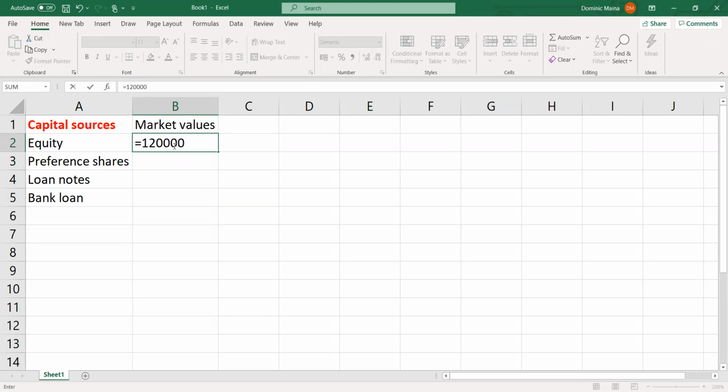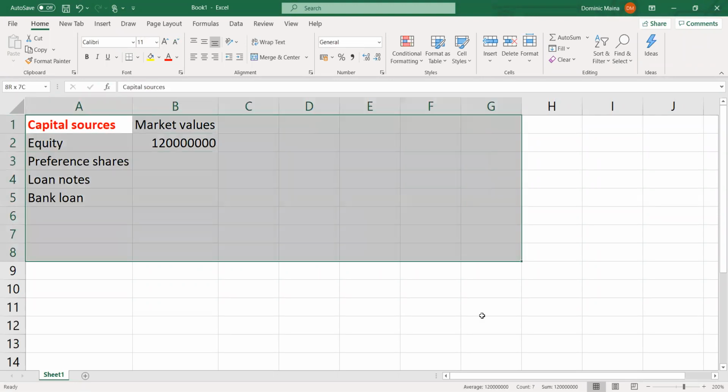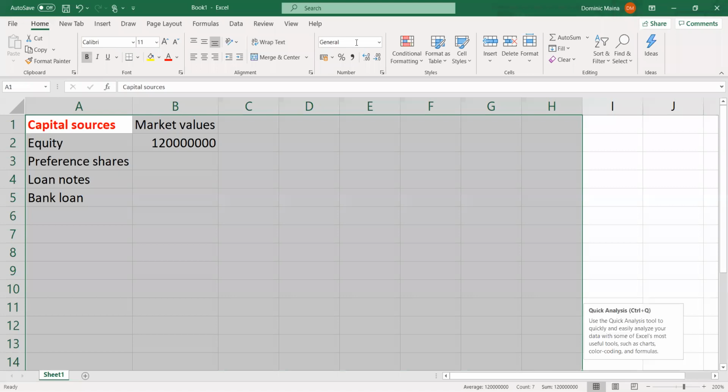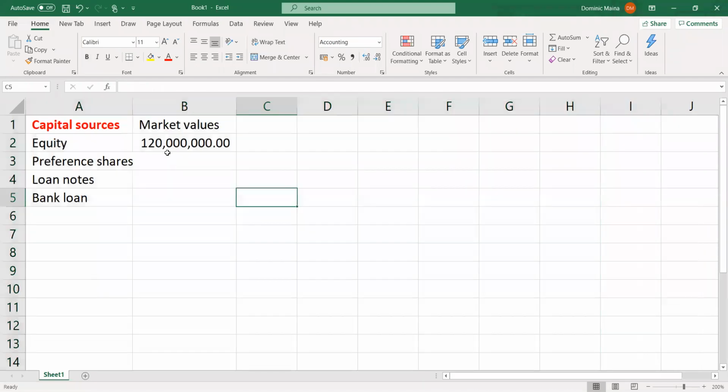I always prefer, by the way, I think I've told this before, to have my workings in decimals with the comma as the 1,000 separator, because I normally find it a bit easier to understand, and in case you make a mistake, you can tell. So let me highlight, I want them in thousands, so the comma separator.